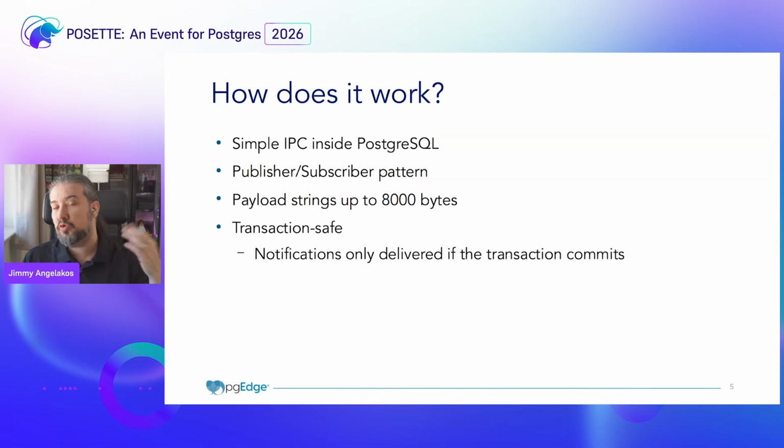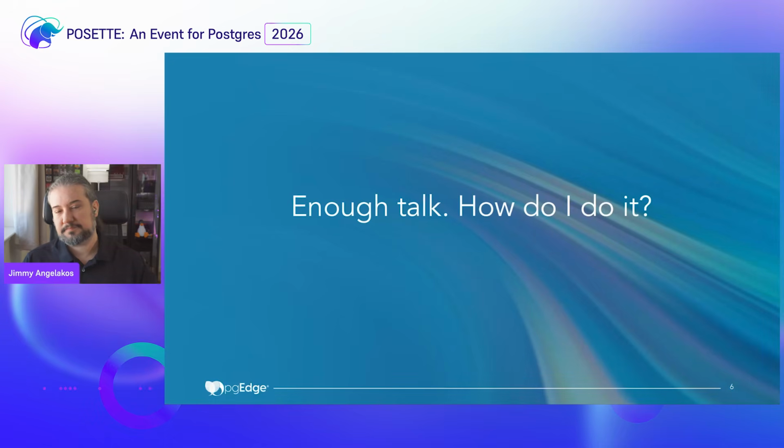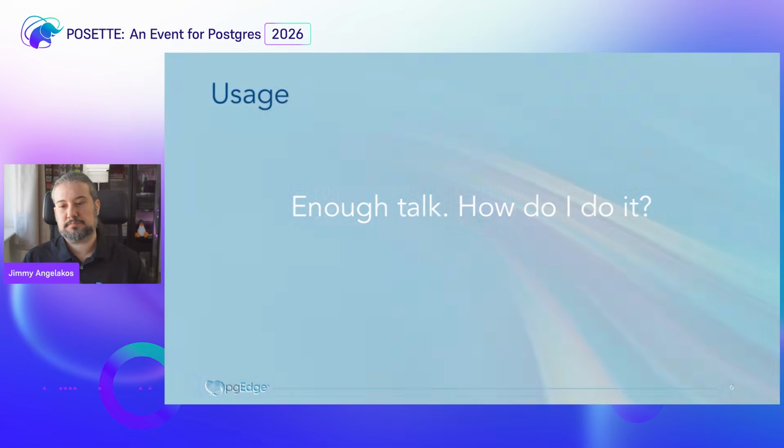Because if you want to notify a third party, such as your application, that something happened in the database definitively, that it was committed in the database, then you send a notification. If that action has indeed succeeded and the transaction is committed, then the notification gets sent. So that's a lot of theory. Let's see how exactly we can do it.